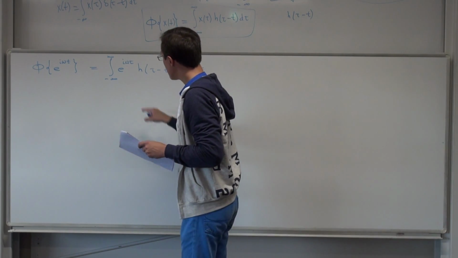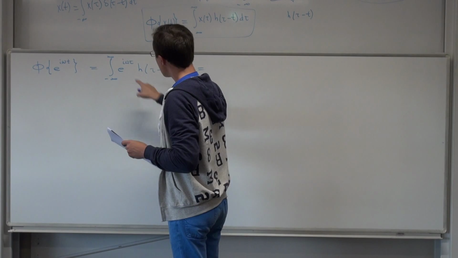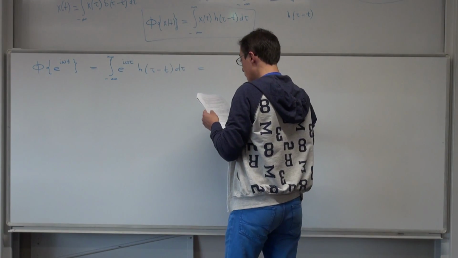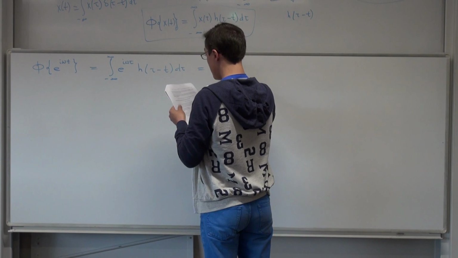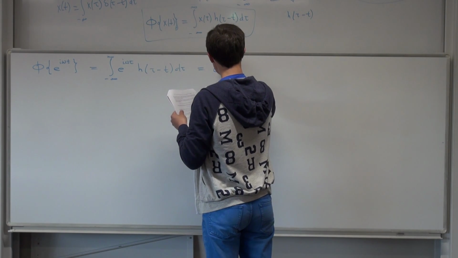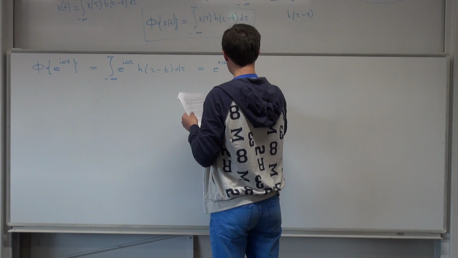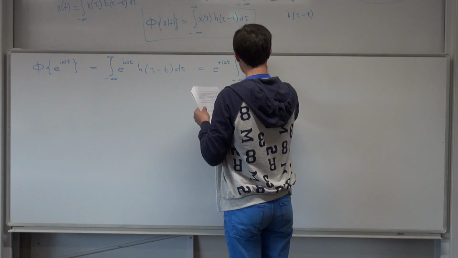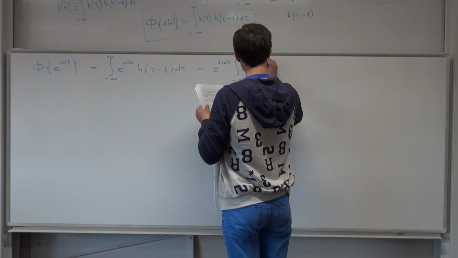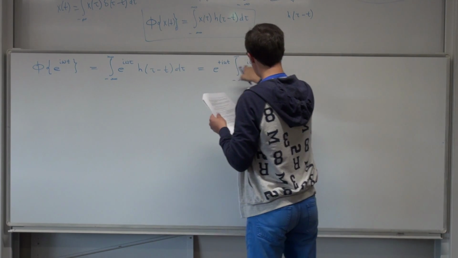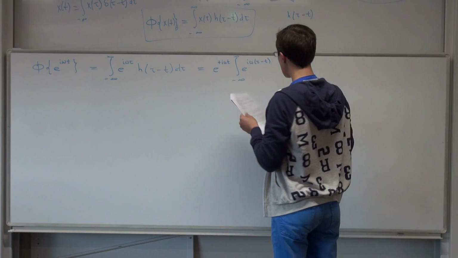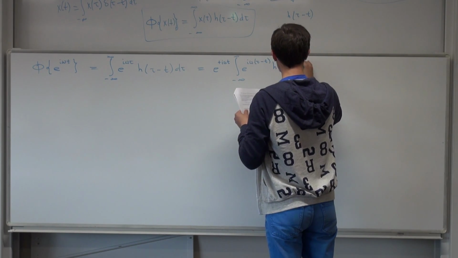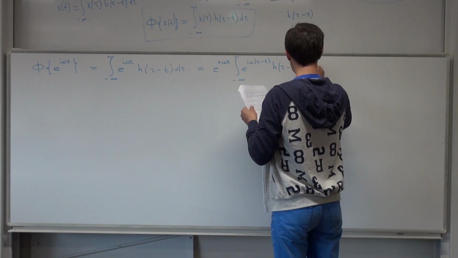So I'll multiply and divide the whole thing by e^(i omega t), just to bring the variables into agreement. So it will be e^(+i omega t) times the integral from minus infinity to infinity of e^(i omega (tau minus t)), that's the minus part, and then h of (t minus tau), d tau.